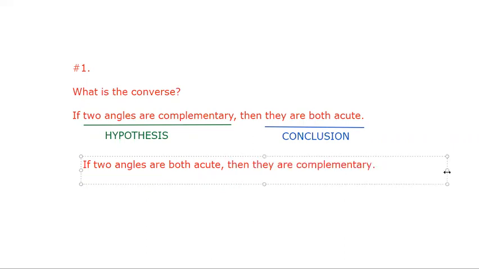All we did was switch or rearrange or reverse the hypothesis and the conclusion. So if you look at your worksheet, number 1, your correct answer would be C. Just switch the hypothesis and the conclusion.